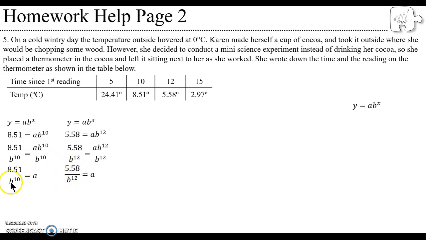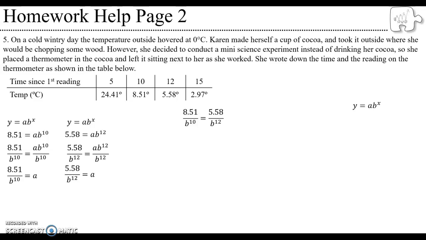Therefore, we can conclude that they equal each other. Since they both equal A, by the transitive property, we know that 8.51 over b to the 10 equals 5.58 over b to the 12.